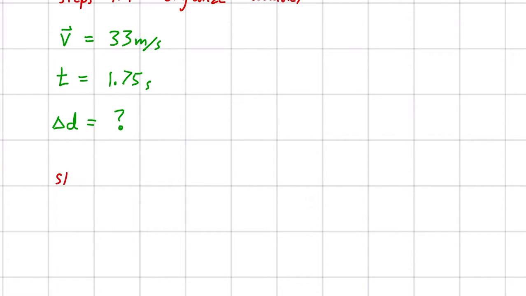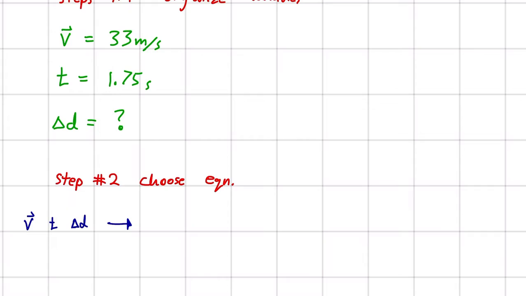This brings us to step 2, which is to choose an equation. To do this, we look at the variables we're given. We're given velocity, time, and change in distance, displacement.